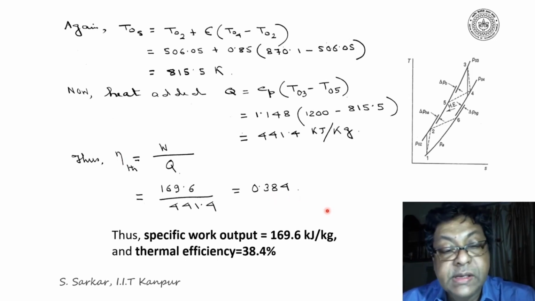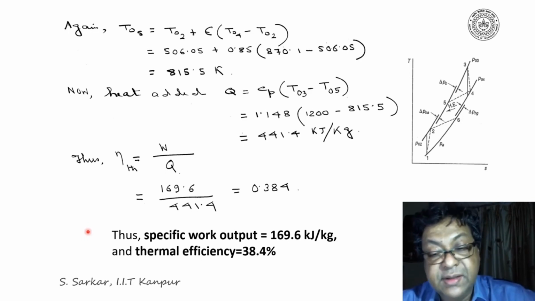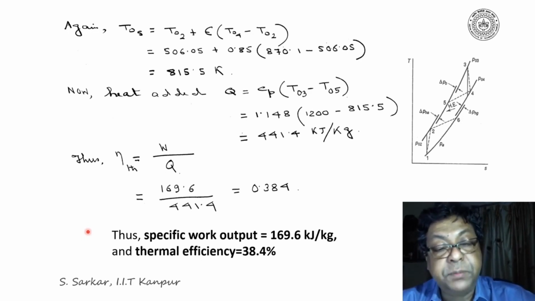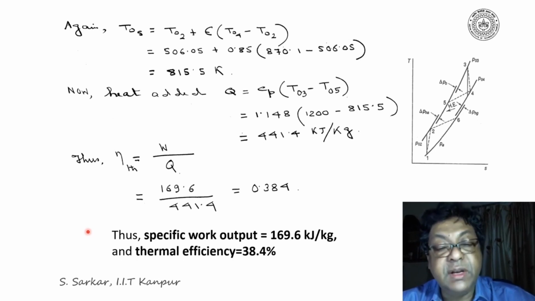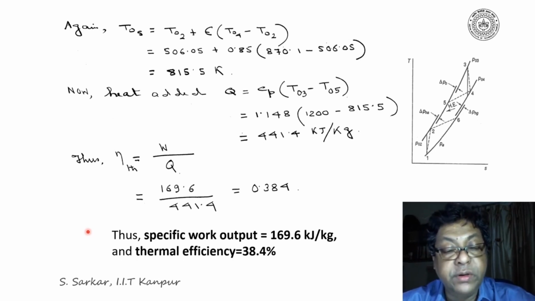Okay, so here I have stated what I've got. That's the answer. The specific work output is equal to 169.6 kilojoule per kg and thermal efficiency as 38.4%.